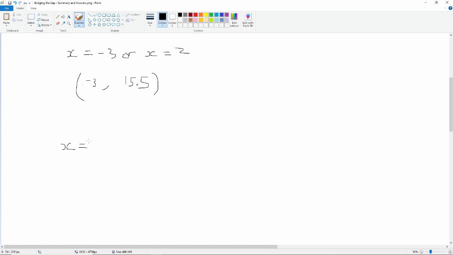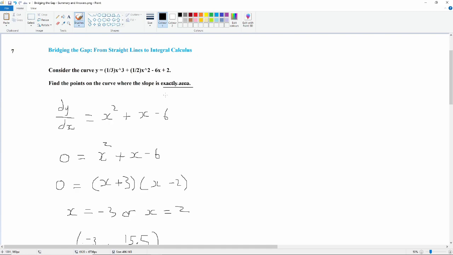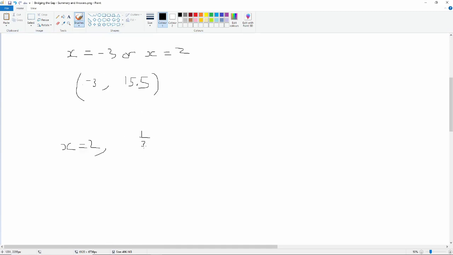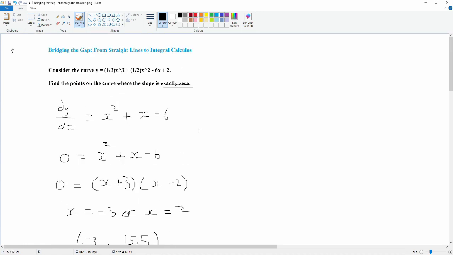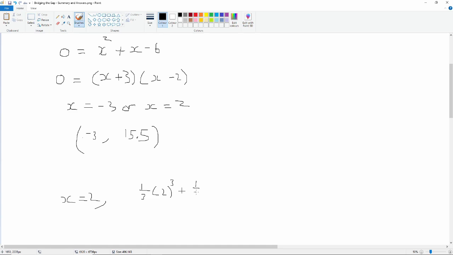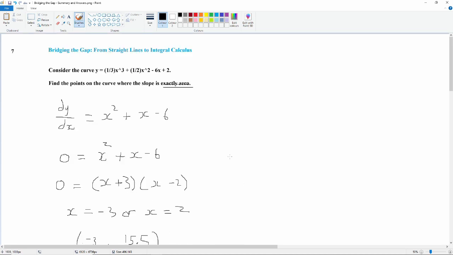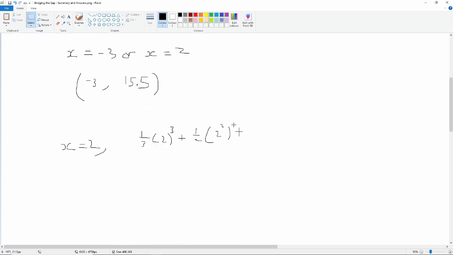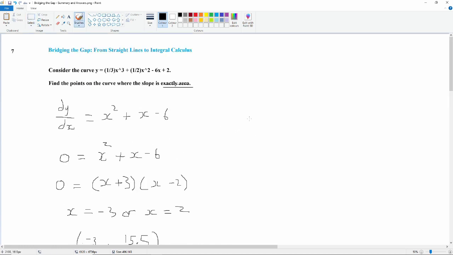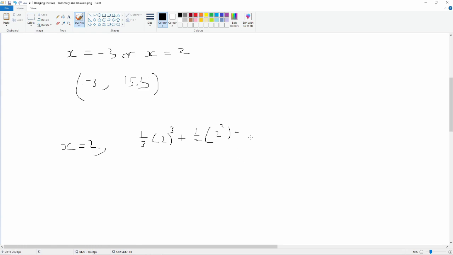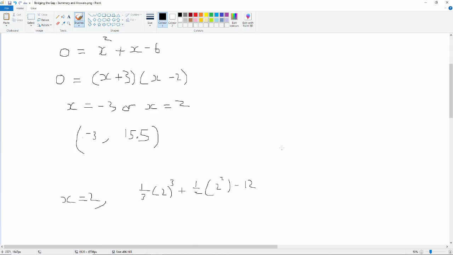So at x equals 2, we have 1/3 times 2 cubed plus 1/2 times 2 squared minus 6 times 2, which is 12, and then plus 2.